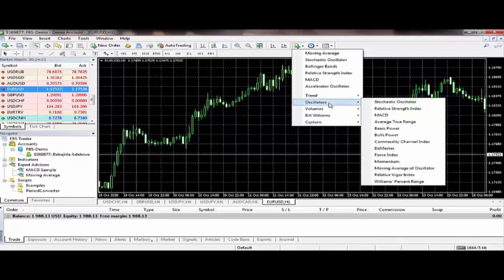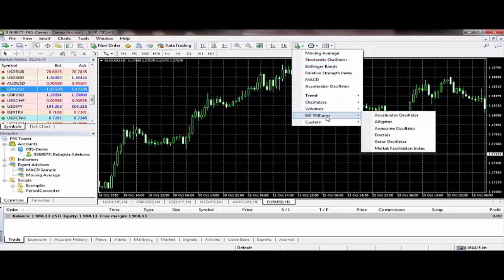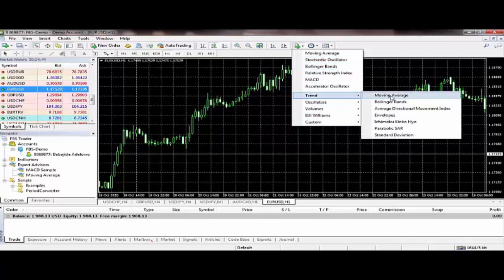Stochastic oscillation, a lot of people use them. We have the relative strength index, we have MACD, moving average convergence and divergence. So we have all of them here. Any one of them you can use to develop a strategy.